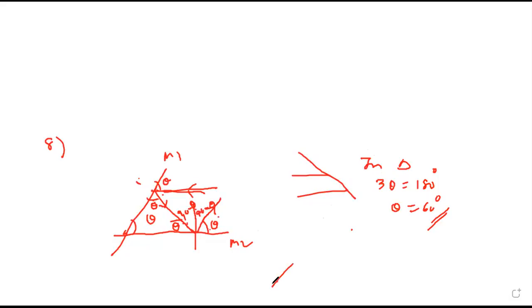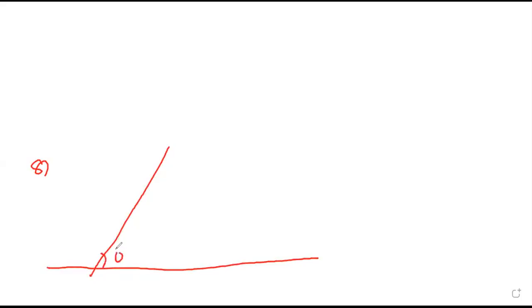You got it now? Can you explain one more time? I'm just clearing the diagram and drawing a bigger figure. This is one mirror. They are inclined by angle theta. M1, M2. A ray of light is incident parallel to the first mirror and at an angle theta.